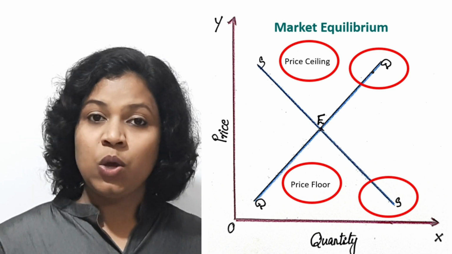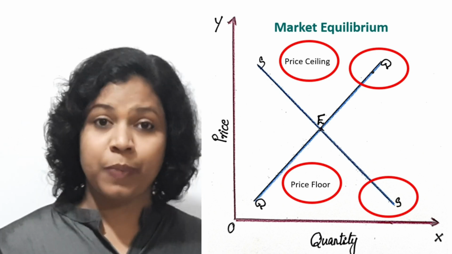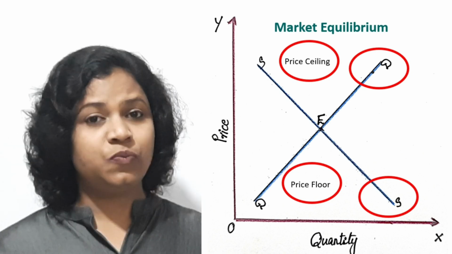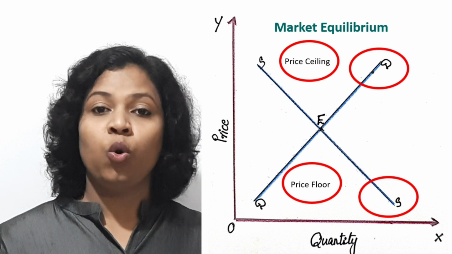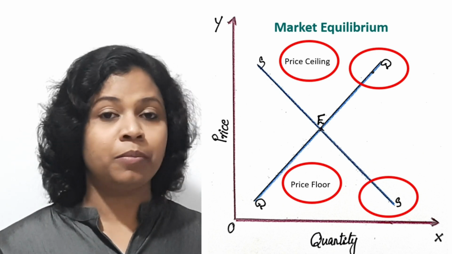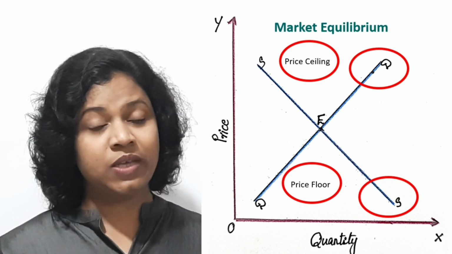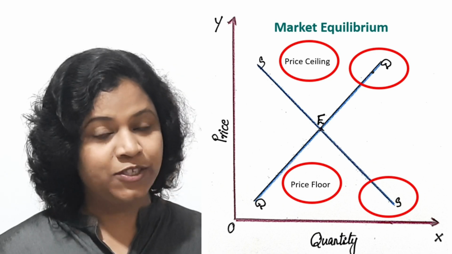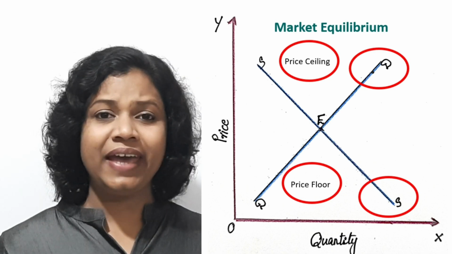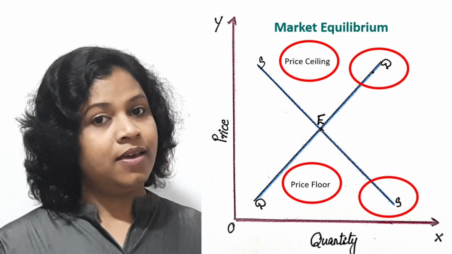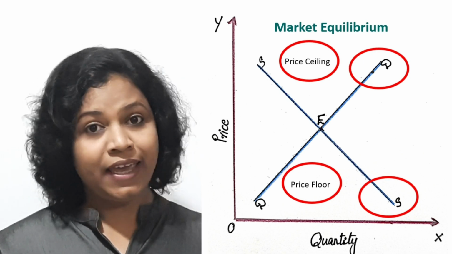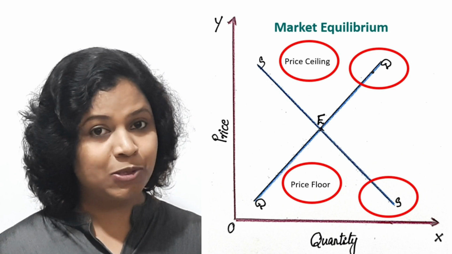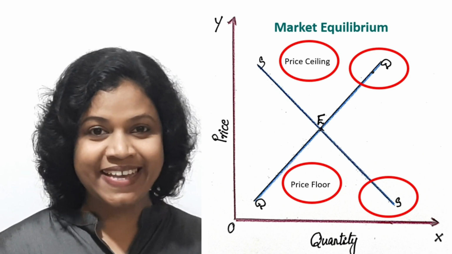Then you can see where the price ceiling and price floor are mentioned. With the help of the same diagram, we can explain equilibrium price, price ceiling, price floor, excess demand, excess supply, etc. You can see the price ceiling is mentioned below the equilibrium price. Is it so? What do you mean by price ceiling?